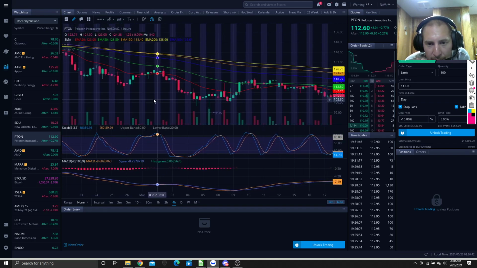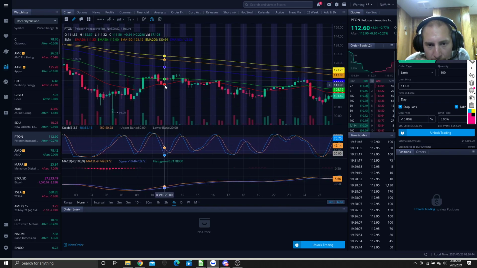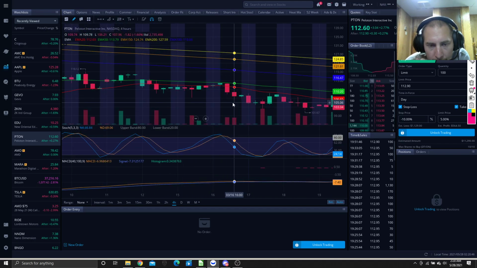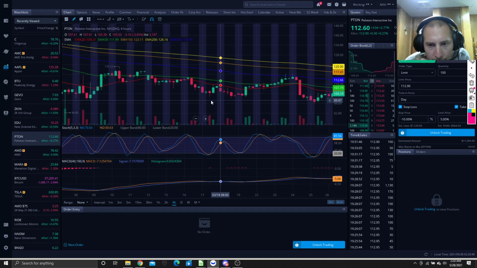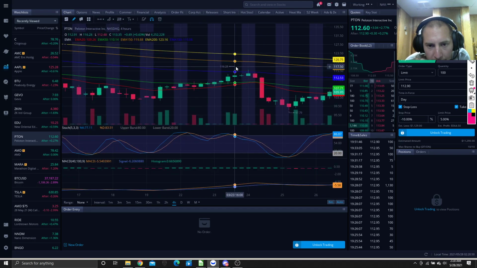We're looking for bounces off of these moving averages. Okay, here we go. Here's a very nice rejection off of the 50. But if you notice here, see, you have your stochastic signal. Your MACD has not crossed bullish recently, but this is a pretty interesting setup.